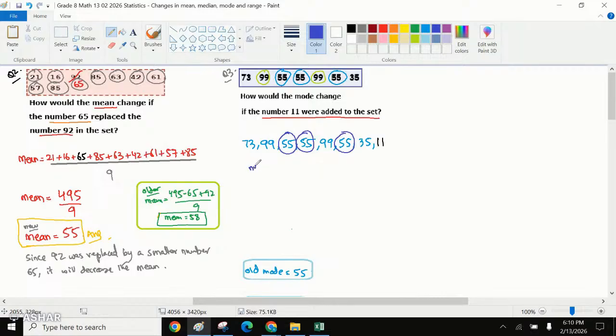So the new mode will be the same, 55. It does not make any difference. Why? Because 11 does not make any number repeat. Agreed? So there is no change in the value of the mode, irrespective of adding another number.